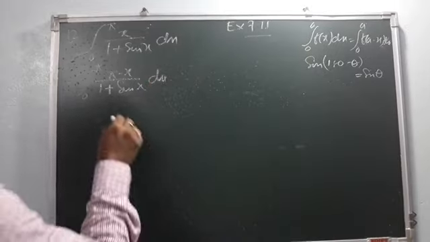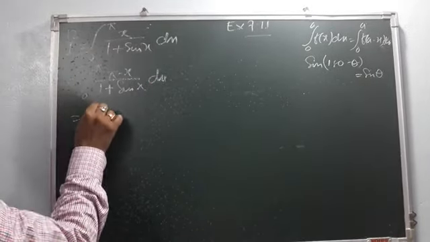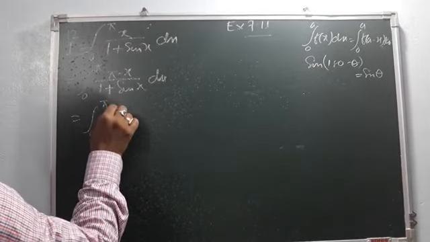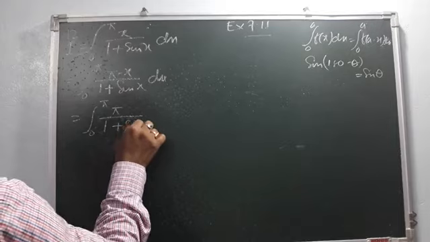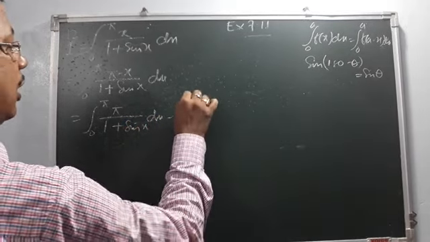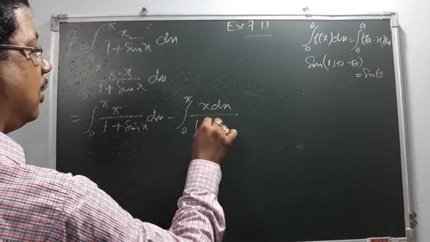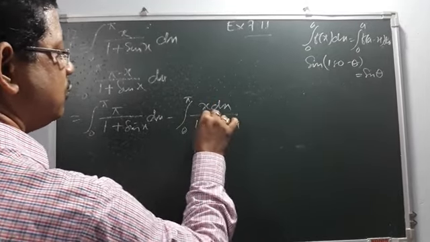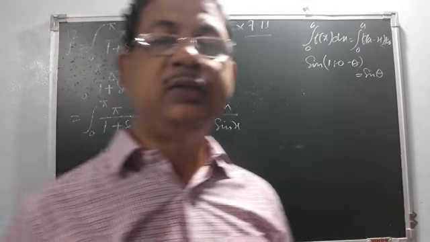If I write this as I, we can separate these as integral 0 to pi of pi by 1 plus sine x dx minus integral 0 to pi of x dx by 1 plus sine x.